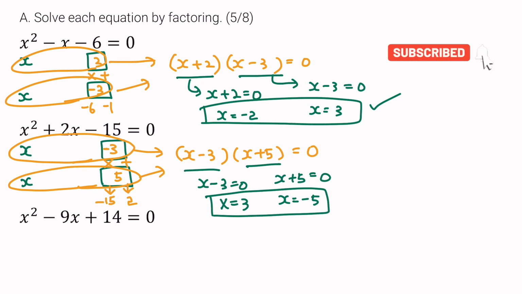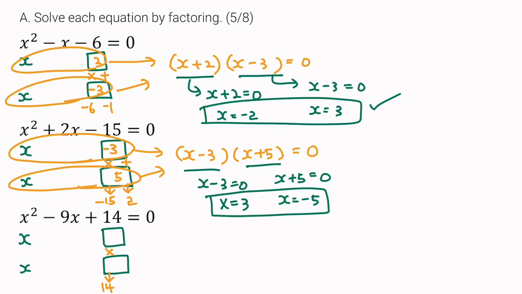Moving on to our very last problem of the day, I have 2 x's and 2 boxes as usual. I'm going to have to come up with 2 numbers that when multiplied give me +14, but when added give me 9. So 1 and 14 is not going to work.